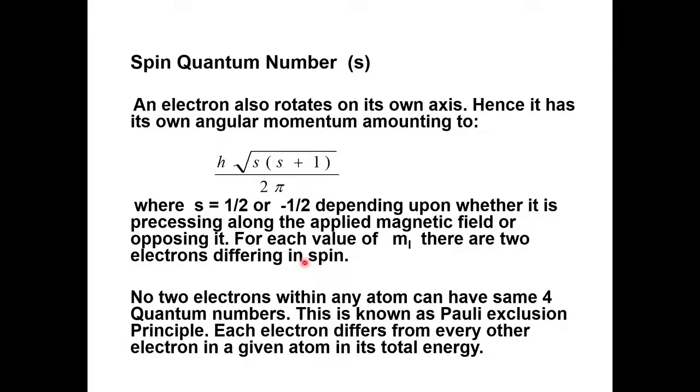So, if we take a look at the quantum numbers of an electron in a given element, each electron will have the principal quantum number, then the orbital angular momentum quantum number, then the magnetic quantum number and the spin quantum number.